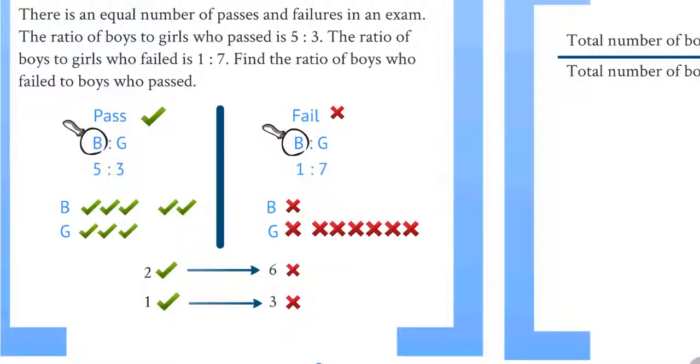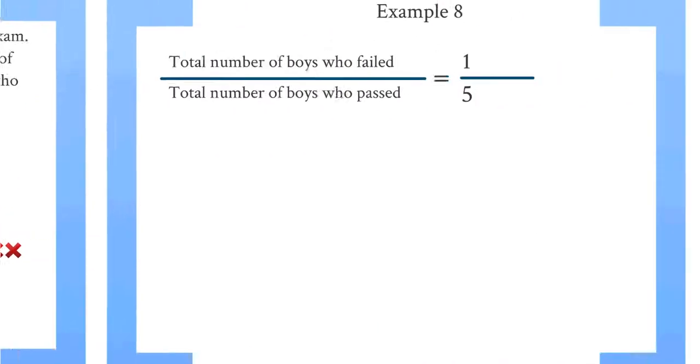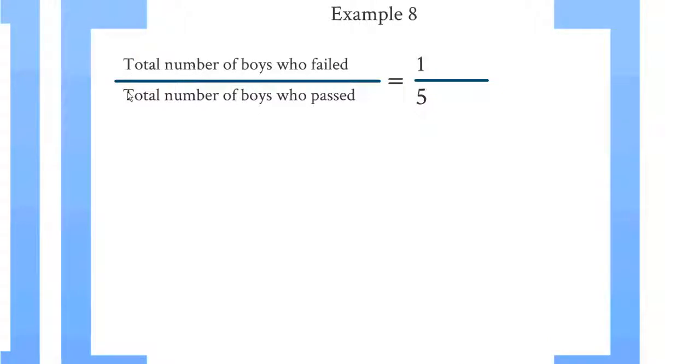But again, we must remember that here we are dealing with ratios, whereas over here it says total number of boys who failed. So we need to take this 1 here and multiply it by the unit of failures.